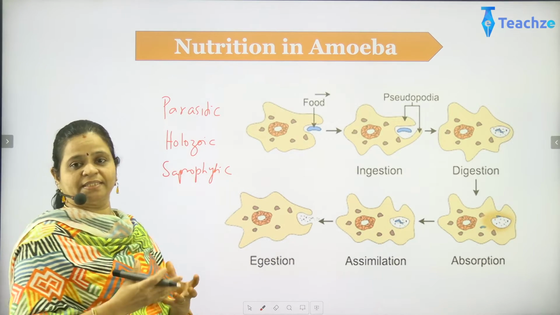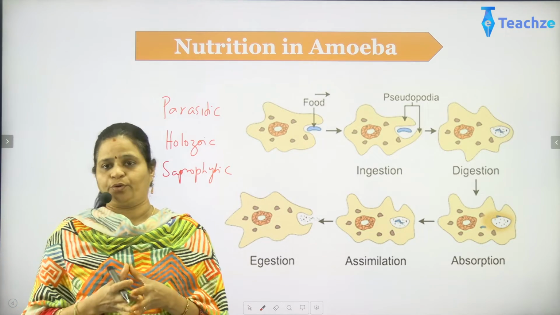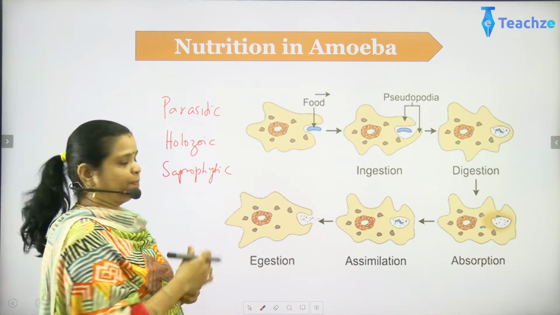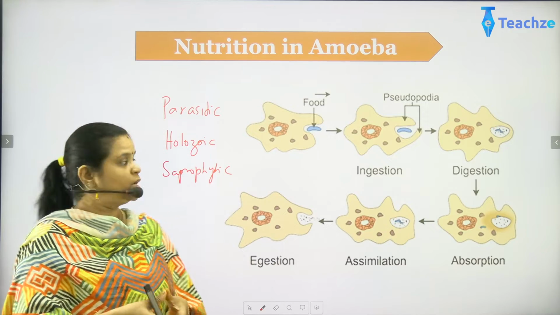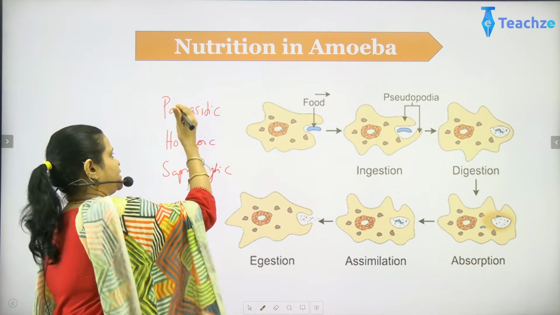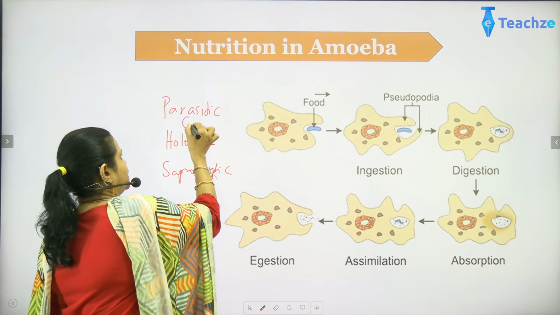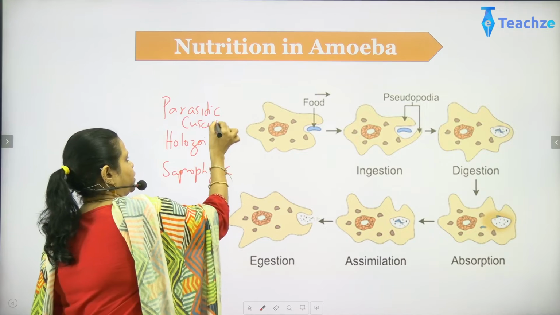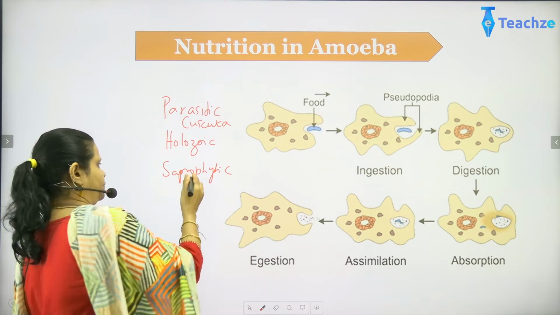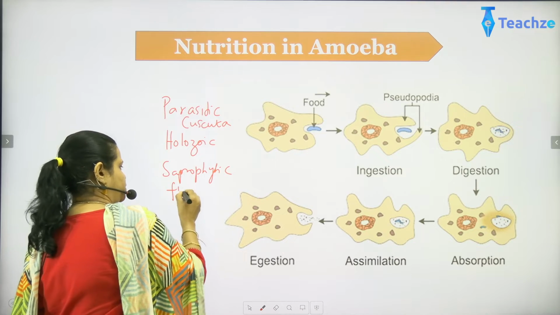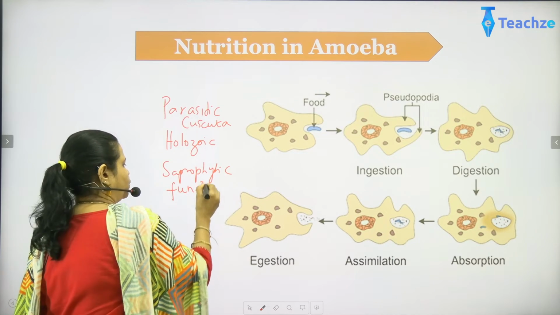Parasitic nutrition, as the term says, is directly dependent on the host, whereas saprophytic organisms take nutrition from the substratum they live on. An example of parasitic nutrition is the Cuscuta plant or the Dodder plant, which is a complete parasite on its host. The next one is the saprophytic mode of nutrition, where you can give the example of fungi.